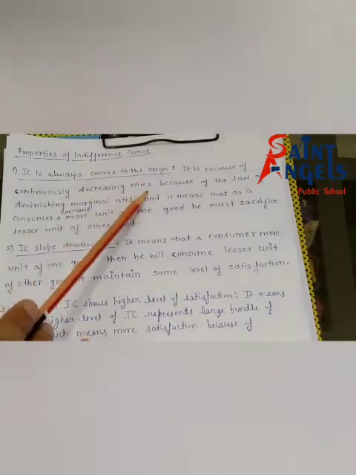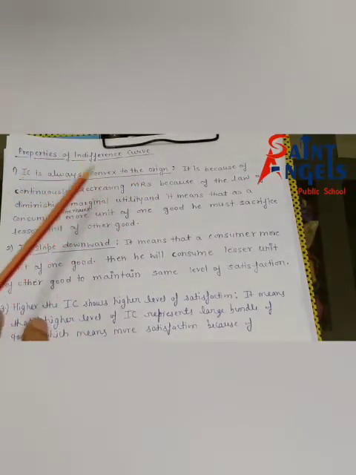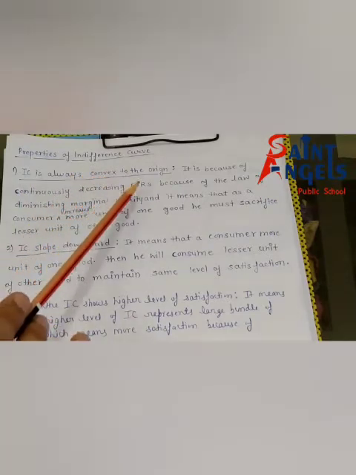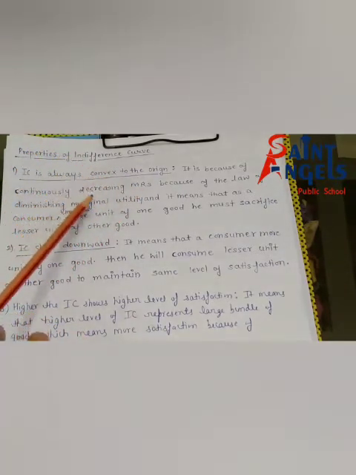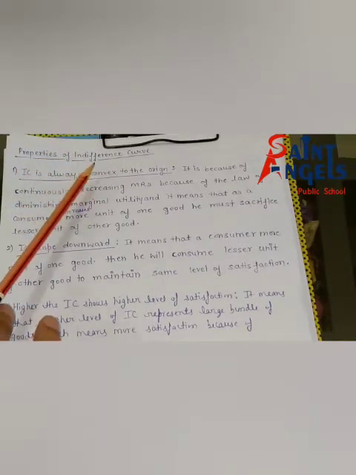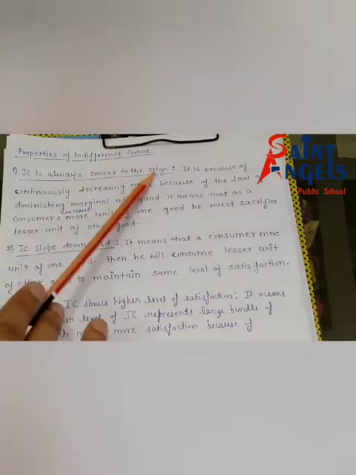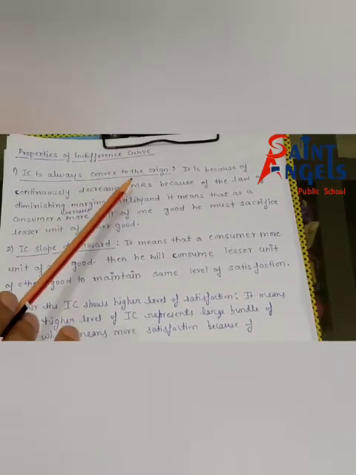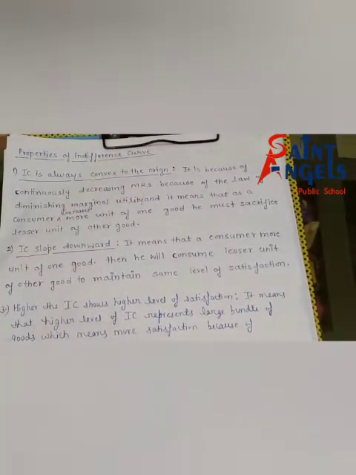Case two: suppose MRS is continuously increasing. Then the shape of IC will be concave to the origin. Suppose MRS is constant.